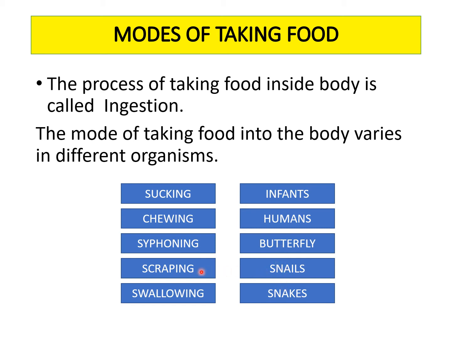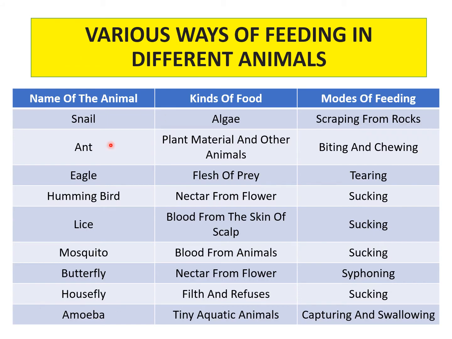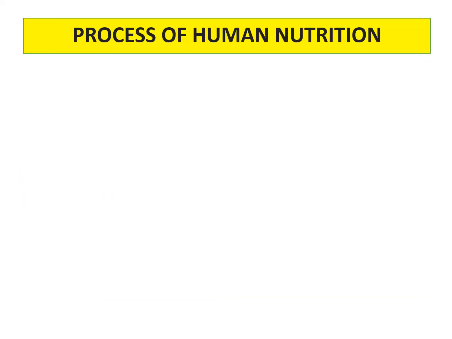Snails do scraping, and swallowing is done by snakes. This is a list of various animals and their modes of feeding. You can check it out and learn the different modes of taking food in different animals. Now we will understand the process of human nutrition.